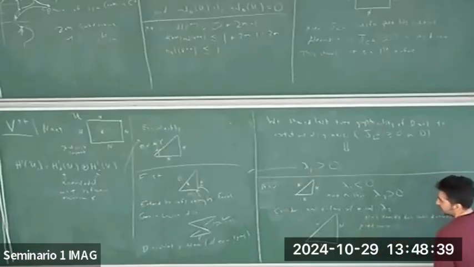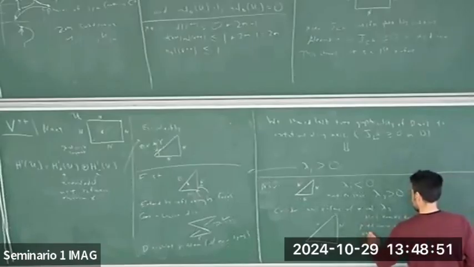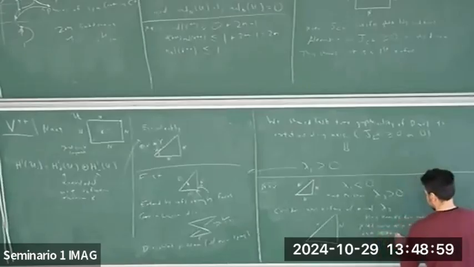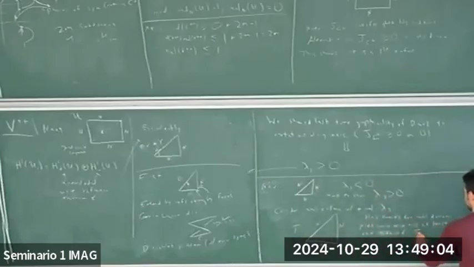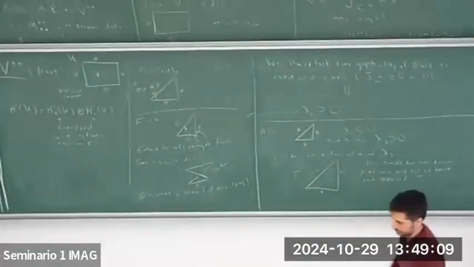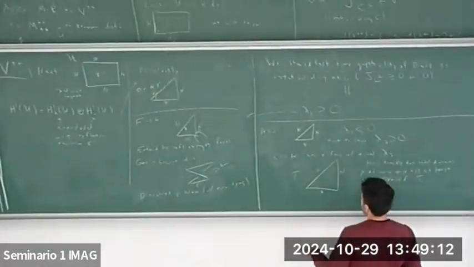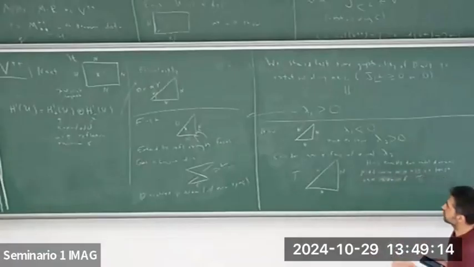What are the possibilities for the nodal curve? Let's see, the nodal curve must look like this or must look like this. One-sided. So we consider the various possibilities in cases.